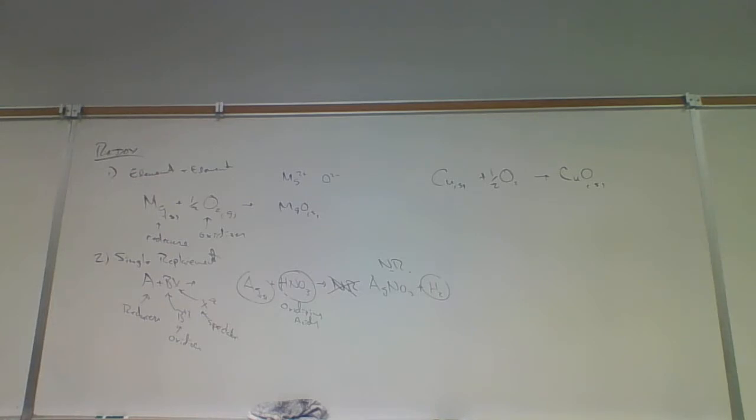If you look at the activity series, which of these species has the lowest ionization energy? Lithium, rubidium, potassium, calcium, sodium, magnesium, aluminum. Look at these. Which one has the lowest ionization energy based on your Chem 1A? Which metal is easiest to ionize?